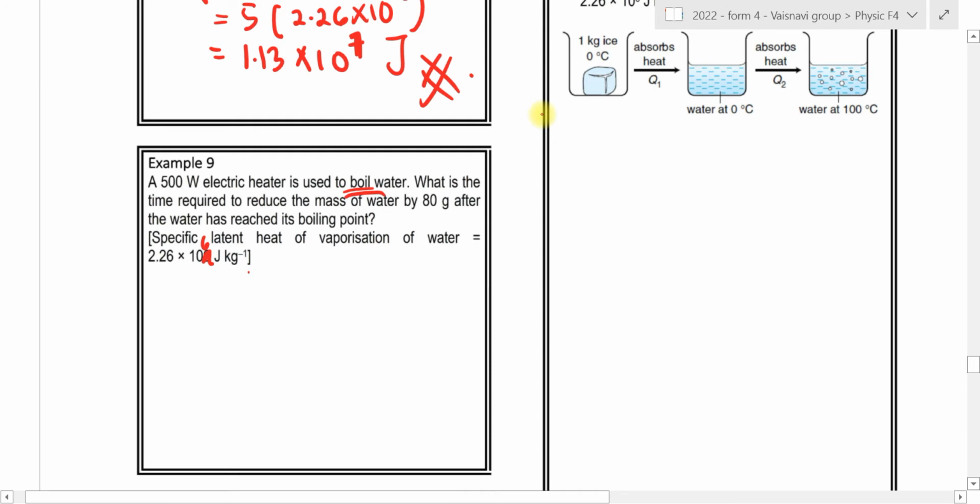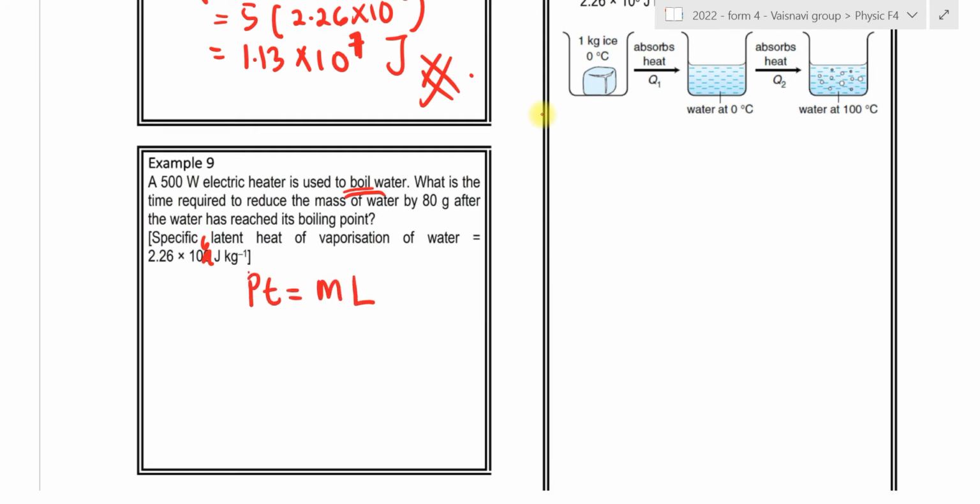They use an electric heater, so Pt equals ml. Actually, it is Q equals ml, but the heat comes from an electric heater, so we use Pt.